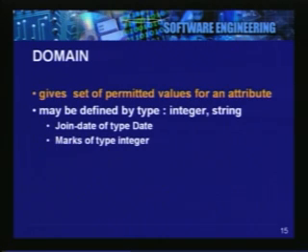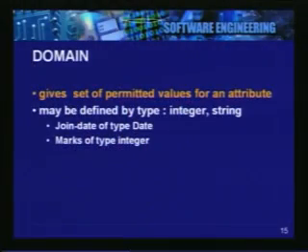Marks obtained by a student can be of type integer number. Whereas an attribute like grade may be listed in terms of the values it can take. Grades may take values A, B, C, D, E, F. Maybe these are the only 6 values permitted. In that case, we list those values.